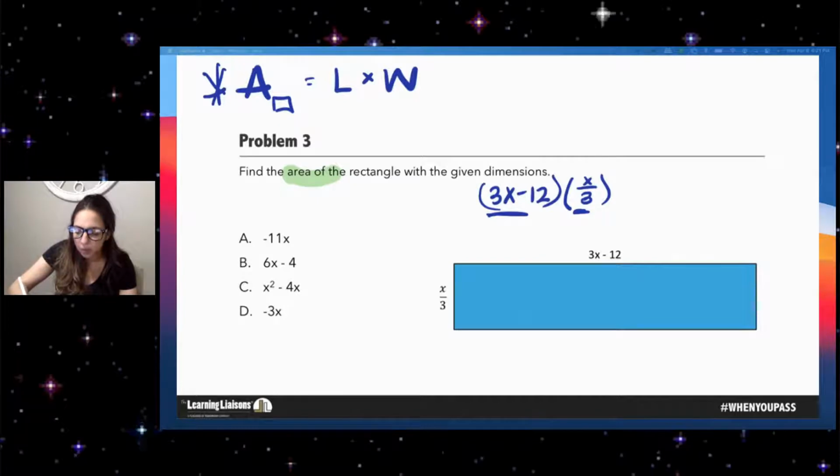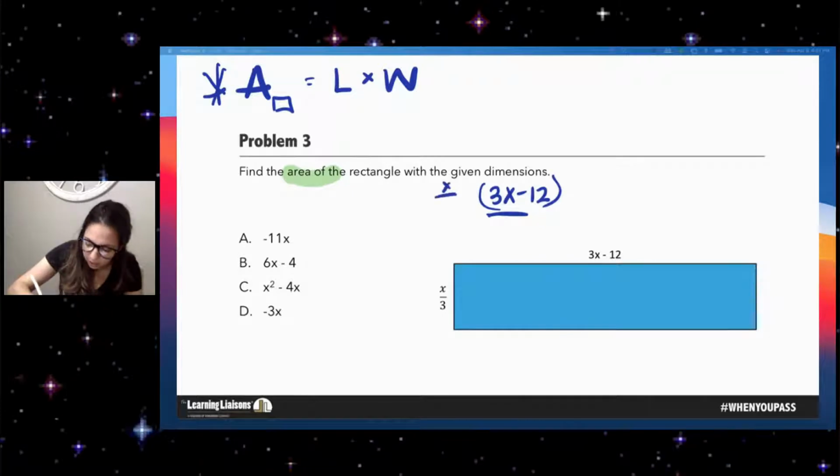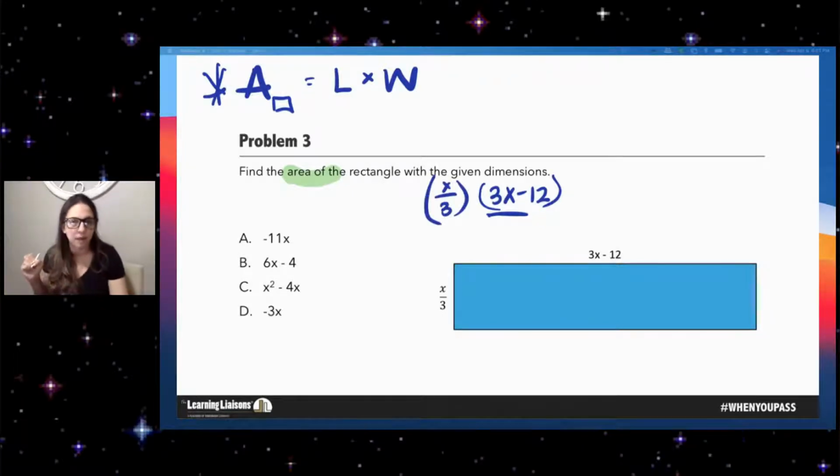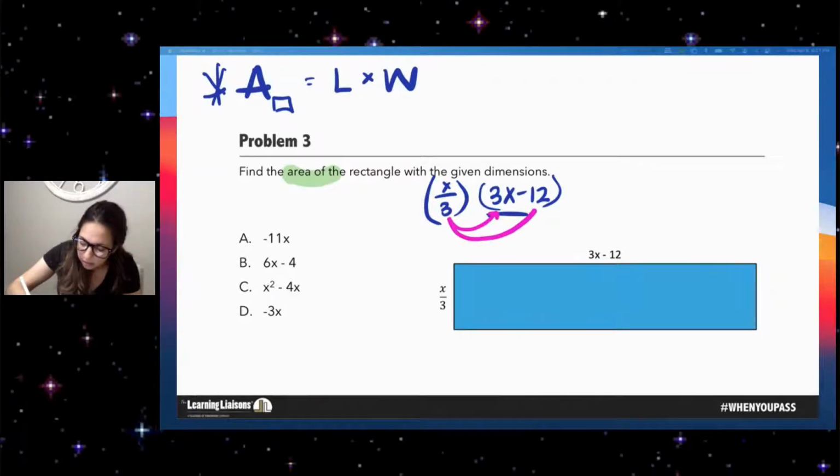I actually like when this term is on this side, so I'm going to switch it to the other side: x divided by 3 times 3x minus 12. Using the distributive property, I'm going to multiply this times this, and I'm going to multiply this times this.